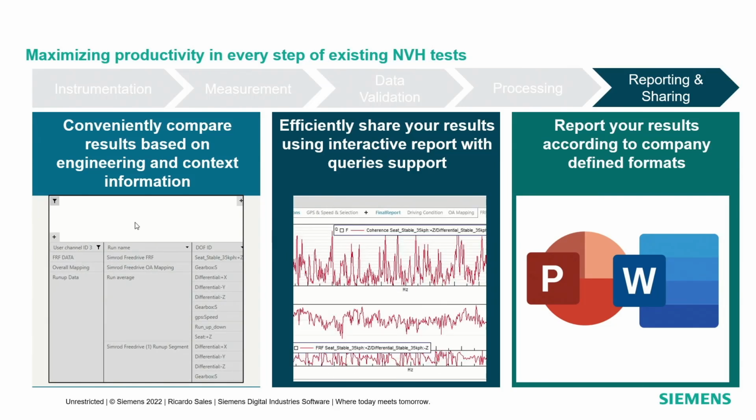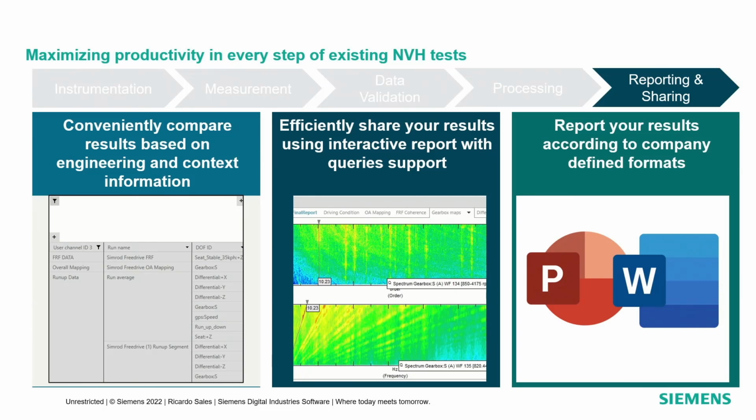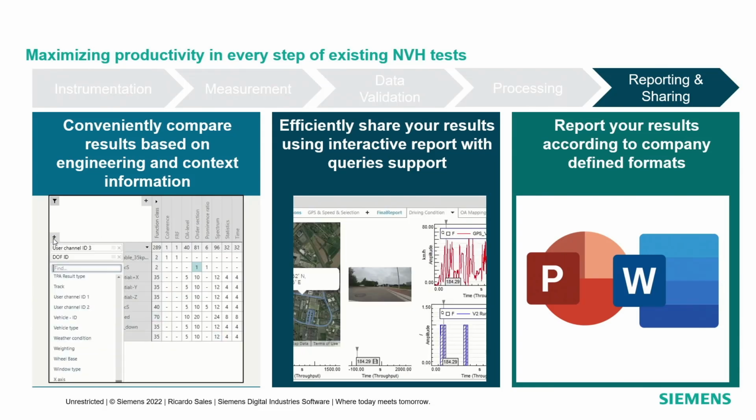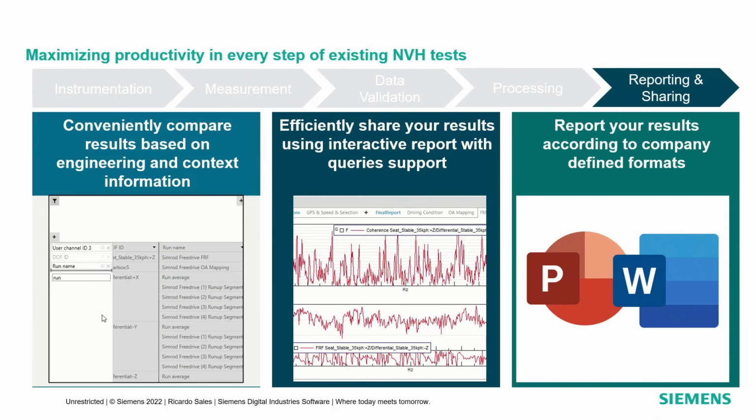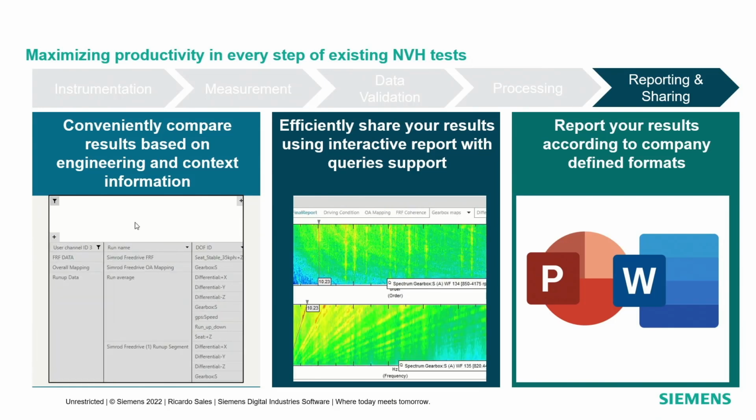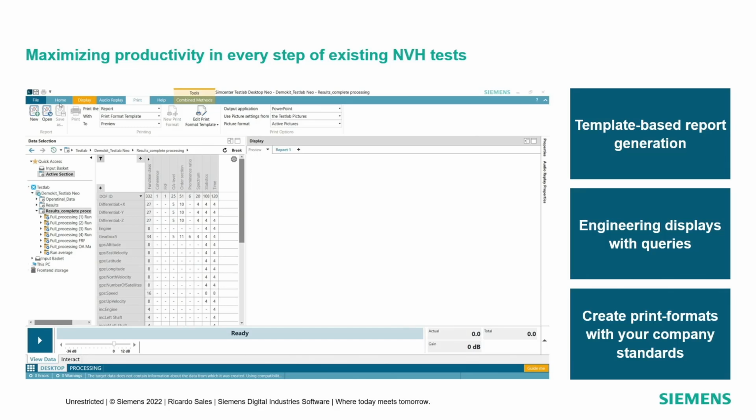And there also we can use the so-called print formats that follow the company directives, and everybody in the company can use the same print format, which will make it easier to make it standard throughout the organization. So let's see how it works in the software with this demo case that we are working on.